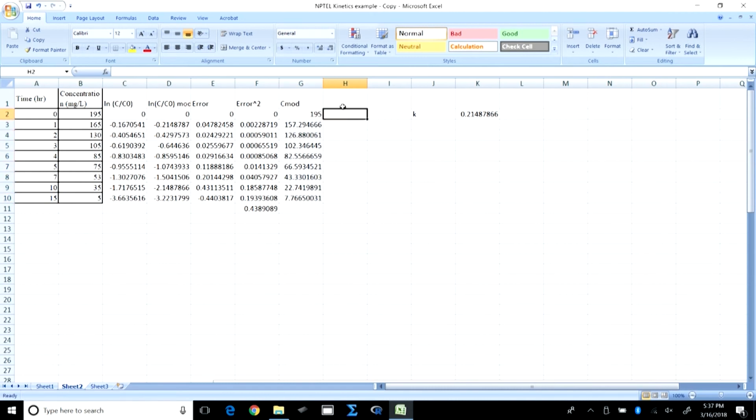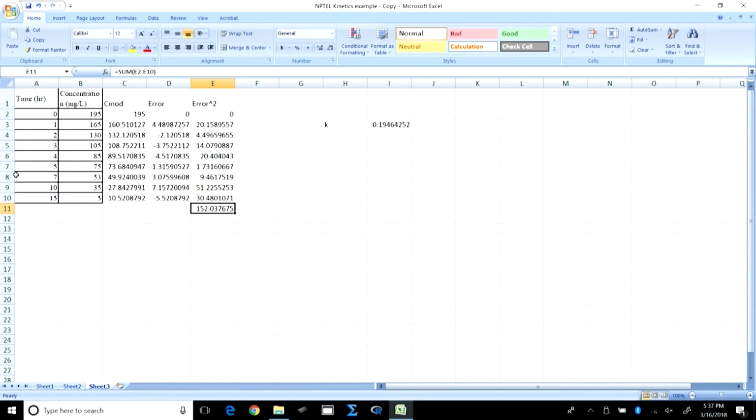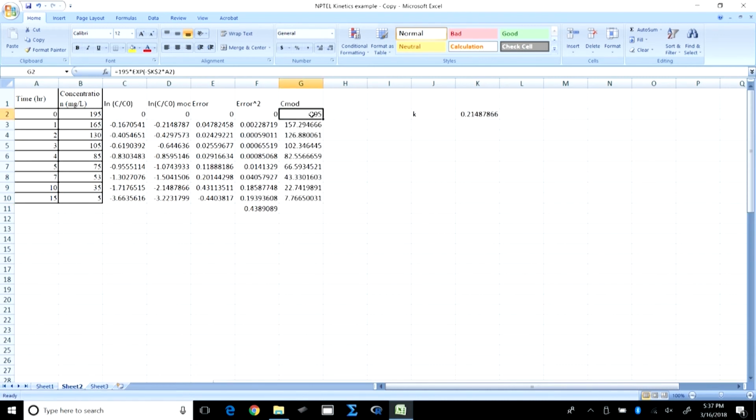And now I need to calculate the error for this particular case. So again, why am I calculating the error? Because I want to have a like for like comparison of the sum of squared errors. In the non-linearized model we had the case for C t and calculated the error accordingly. So here too I am calculating C t, or the C model.